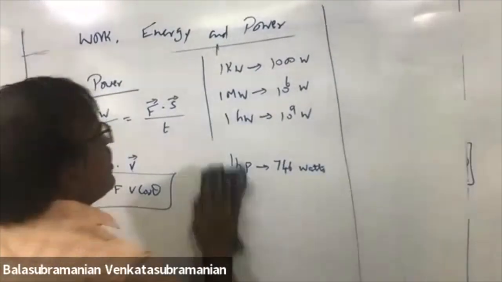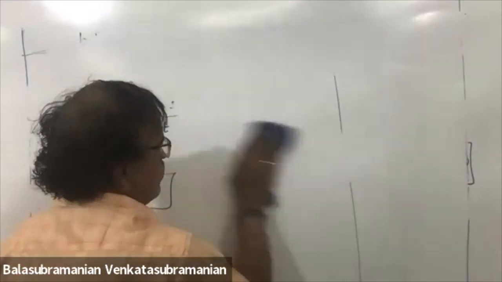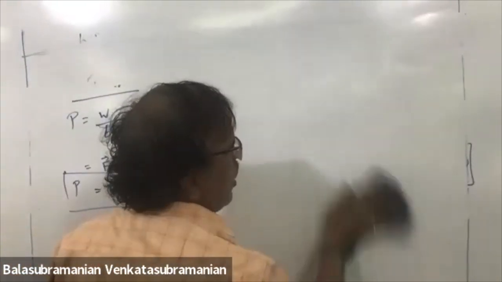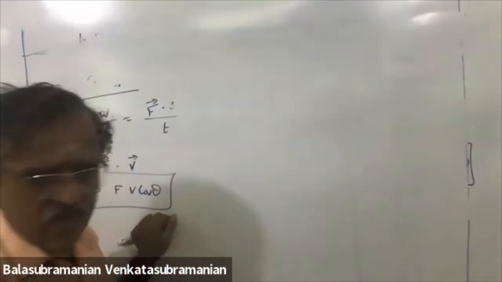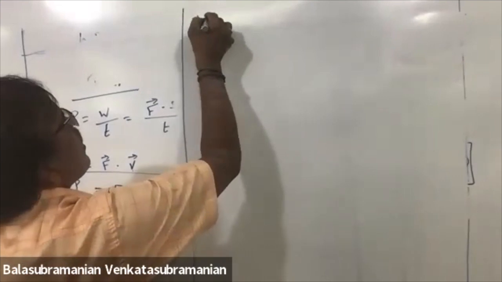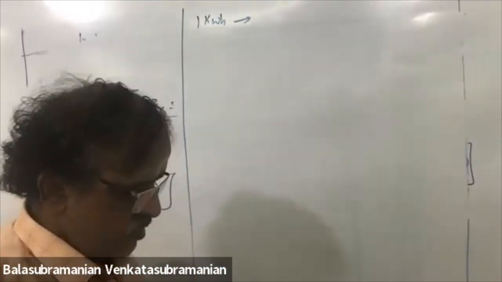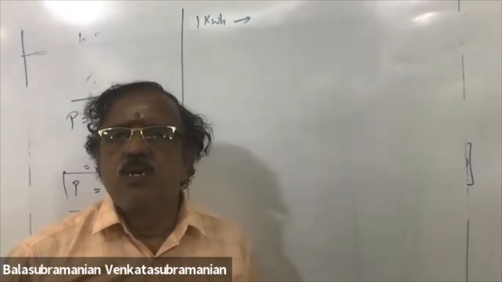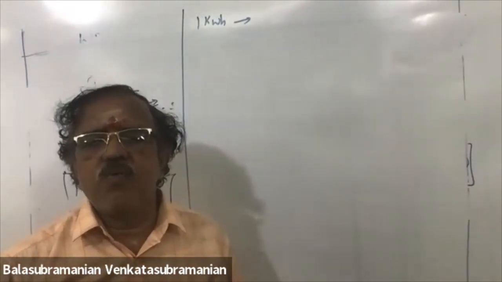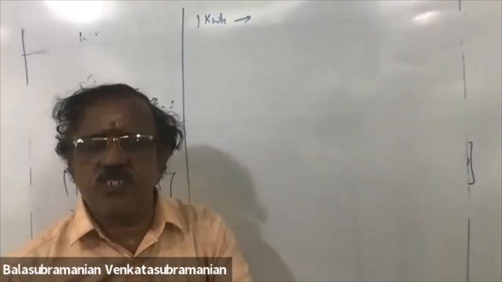Okay. Sometimes, for energy in household concepts and all, how to calculate energy? That is called 1 kilowatt hour. Watt is a unit of power, hour is a unit of time. Power into time is nothing but work done, that is nothing but energy.